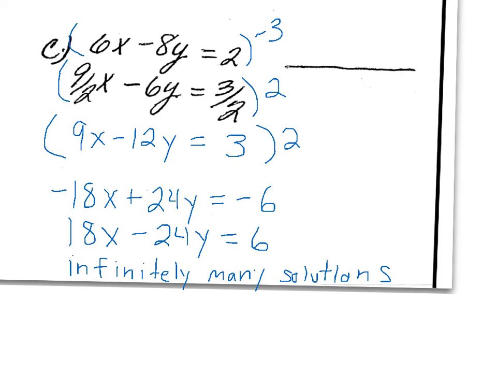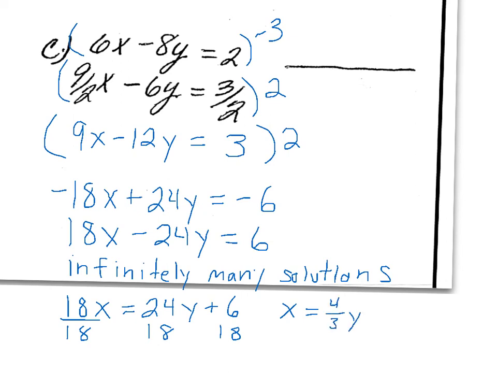So if we isolate x, we get 18x equals 24y plus 6. And if I divide by 18, I have x equals 24 over 18, which would reduce to 4/3 y plus 1/3.